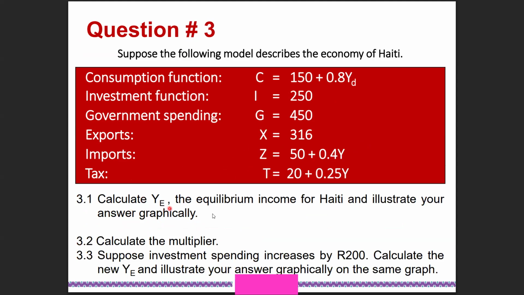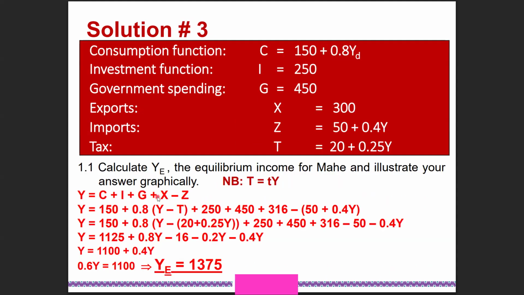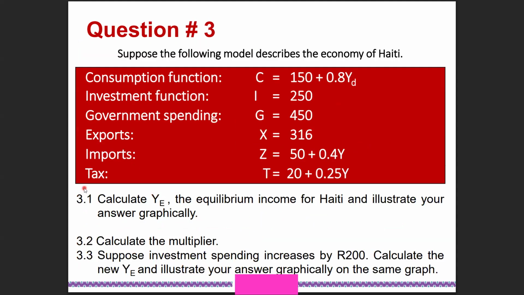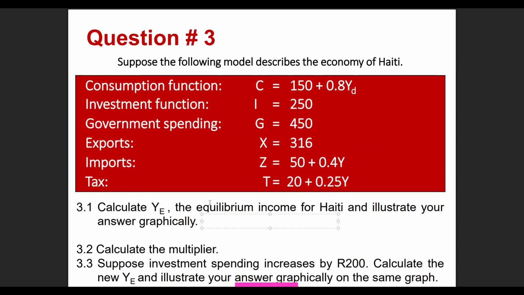So we are calculating equilibrium income. We're going to use the aggregate expenditure approach. When you're using the aggregate expenditure approach, you know that Y equals C plus I plus G plus X minus IM, right?